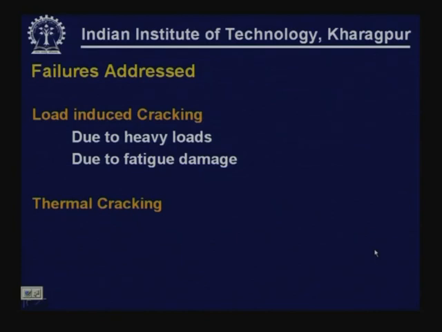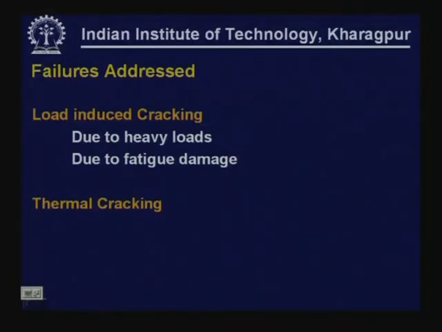Now, let us see what failures have been addressed in the IRC 58 2002 version. Load induced cracking because of application of very heavy loads. Cracking can be because of two main reasons. A very heavy load is applied which induces tensile stress which is more than the strength of the concrete. That single load itself can lead to cracking of the slab.